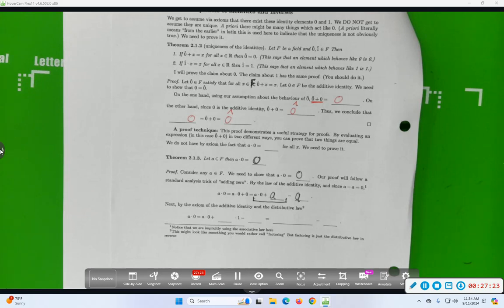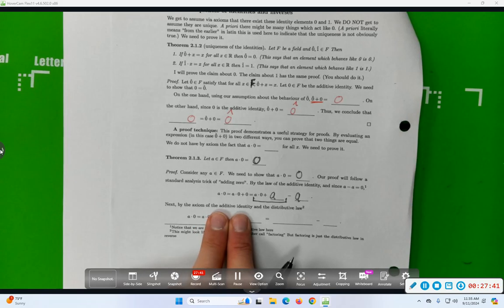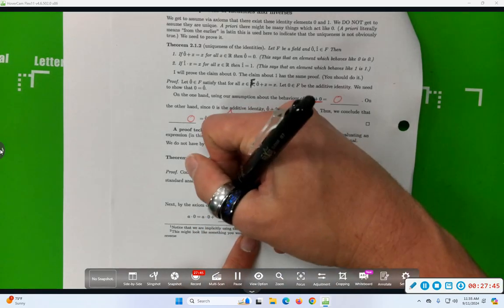But same trick, I don't literally see a times something with that second a, but I kind of do. How would I write that a as a times something? A times 1, cool. Okay. All right. So by the axiom of the additive identity, no, I'm using the multiplicative identity.